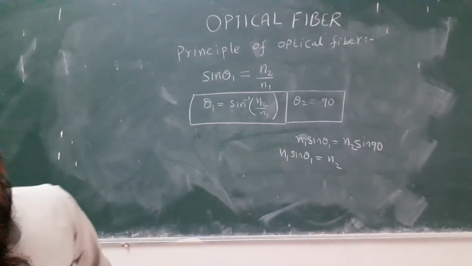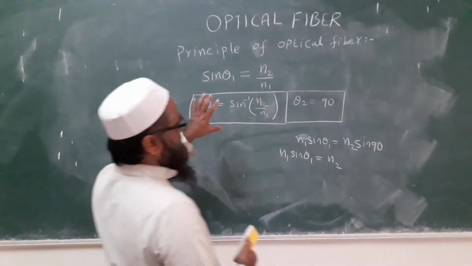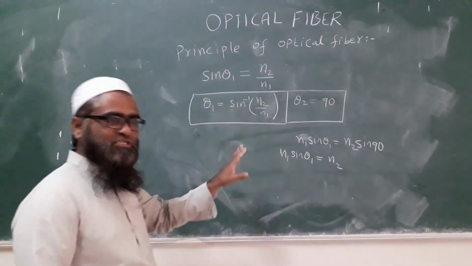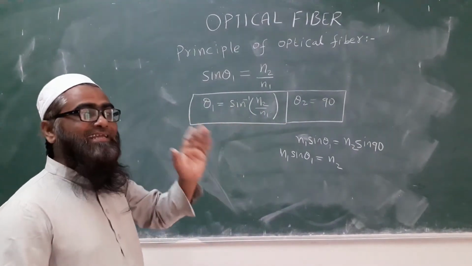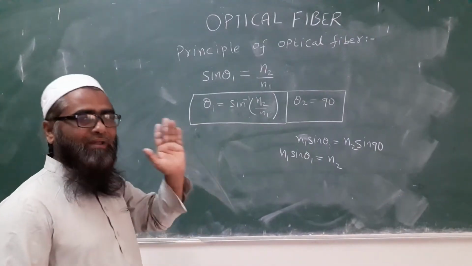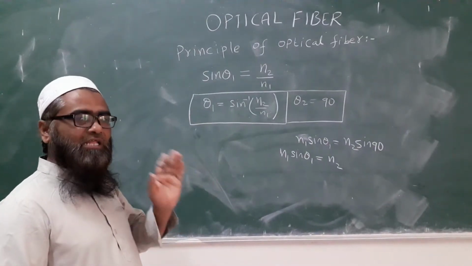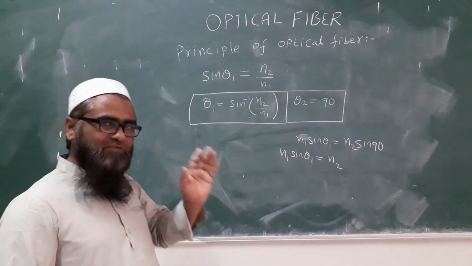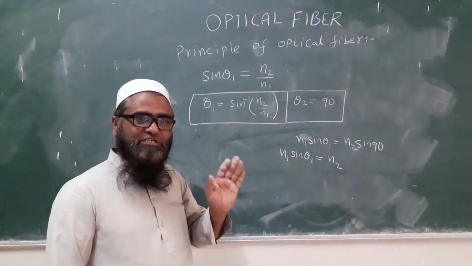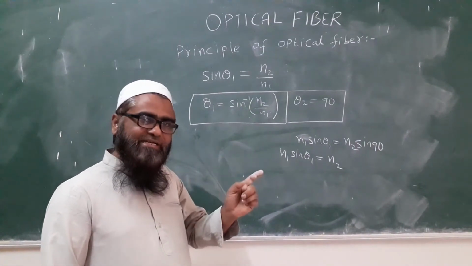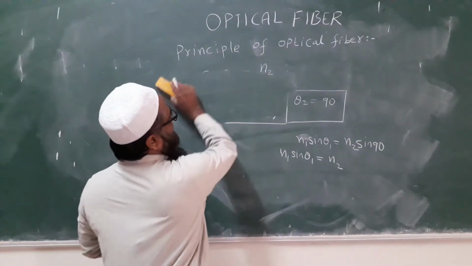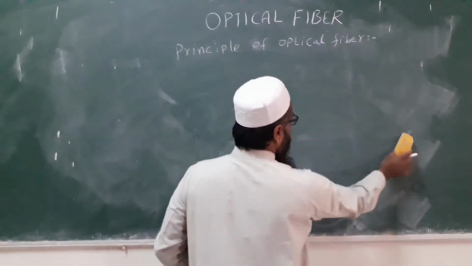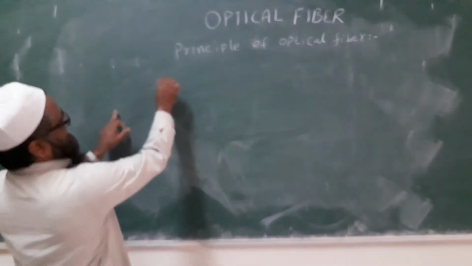Let us take this equation in application. By using this equation, we plan for three different situations. One is refraction, another is grazing, and the third is total internal reflection, which is needed for optical fiber guiding. Let us take three cases.